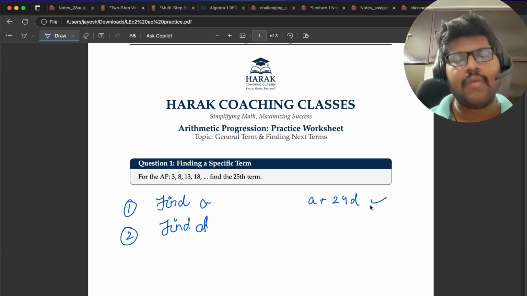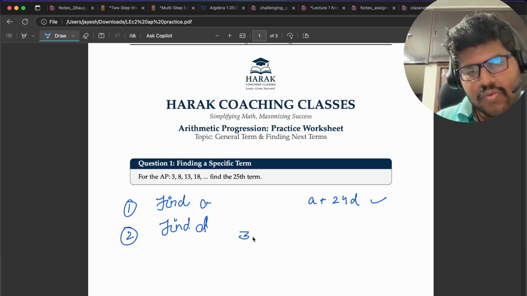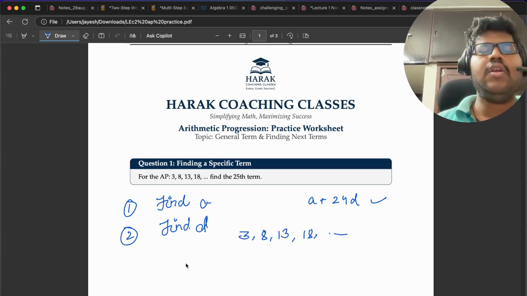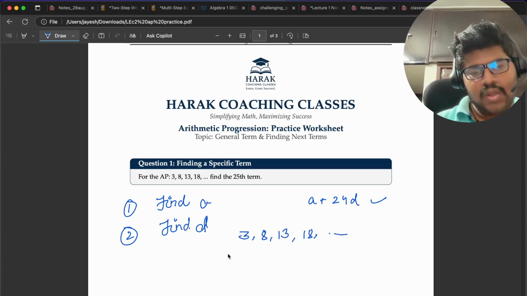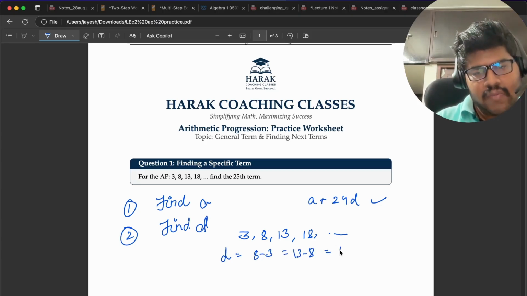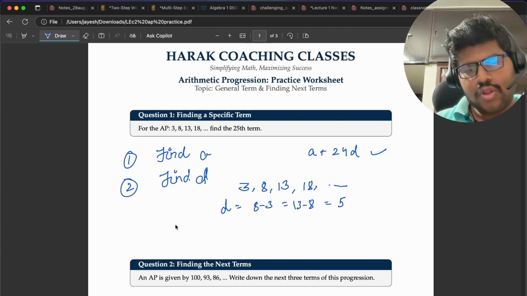This is the idea. So firstly, the AP is 3, 8, 13, 18, and so on. If you closely observe, D would simply be 8 minus 3, which is equal to 13 minus 8, which is equal to 5. So D is 5, and A is equal to 3.